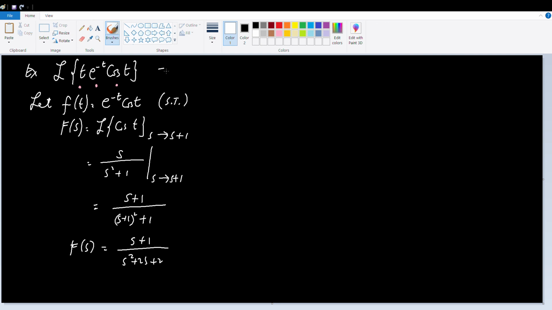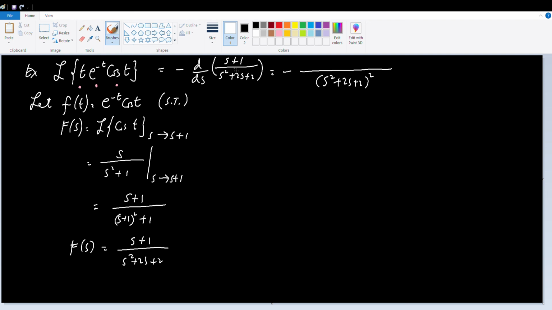And apply the t multiply transform. That will be negative of the derivative of s plus 1 over s squared plus 2s plus 2 with respect to s. So negative. Then we apply the quotient rule. So s squared plus 2s plus 2 squared.